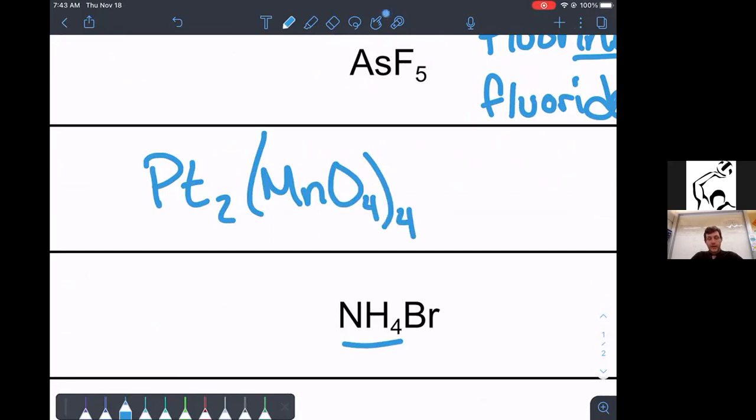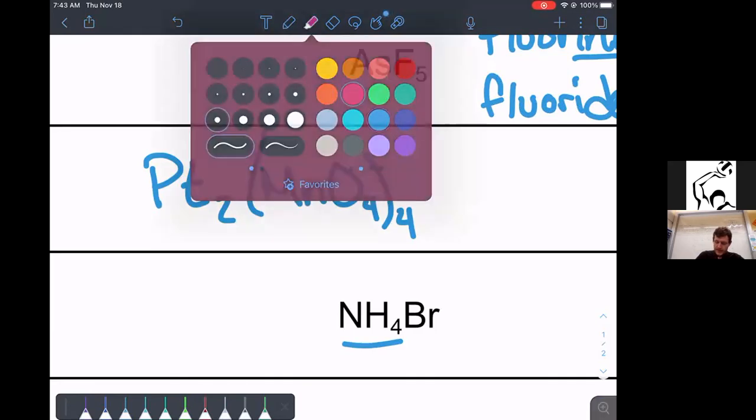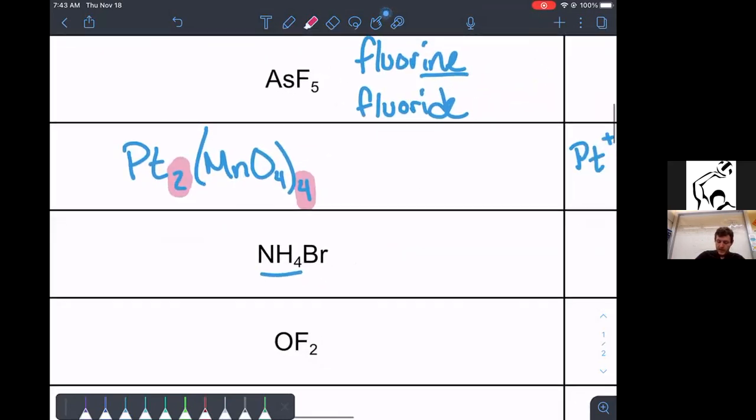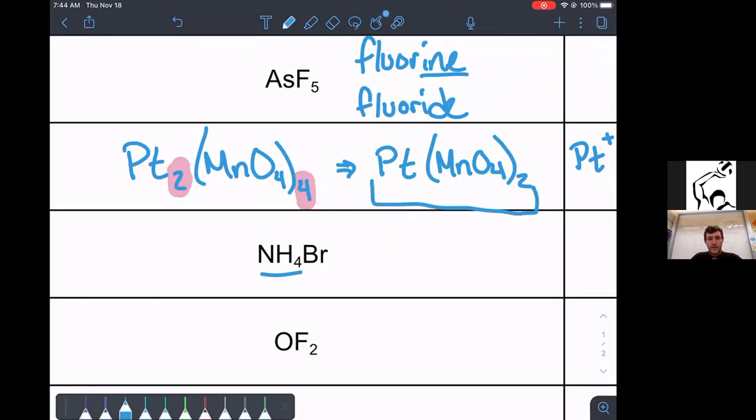But if we look at this one, both of these are even numbers. So technically we didn't need all of those elements to make our compound. We really only needed 1 platinum and 2 manganates to make our compound. So this is the answer we would be looking for.